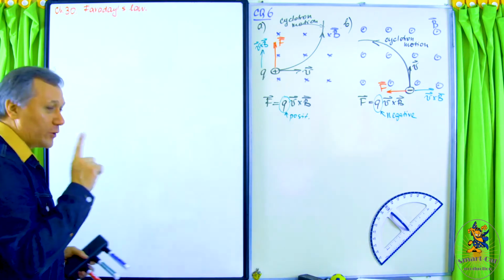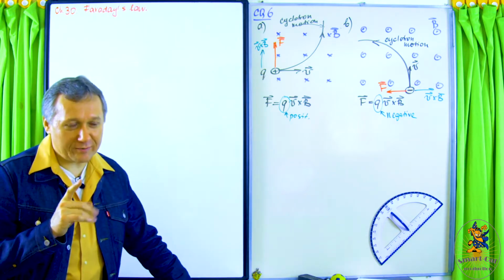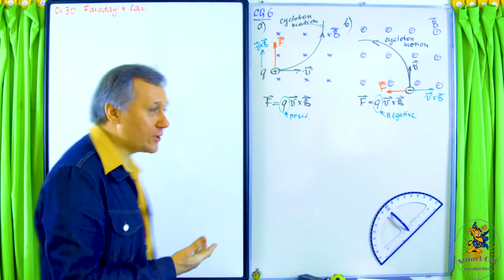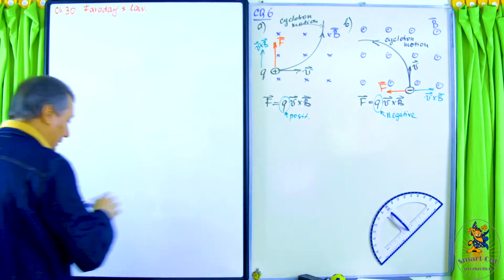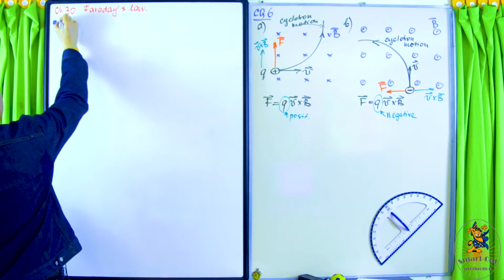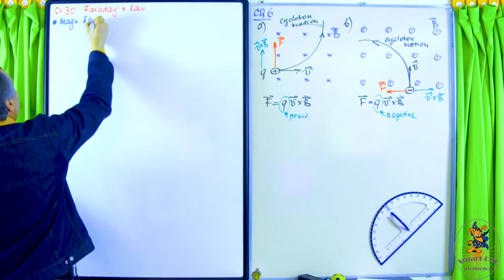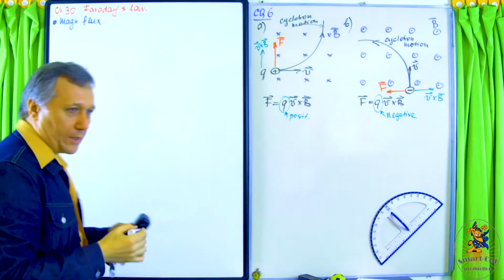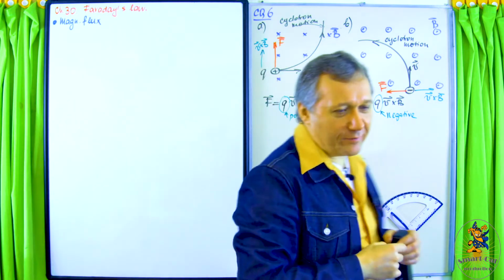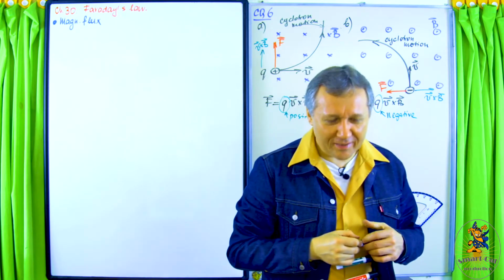Okay, but of course, in order to write down Faraday's law, we need to introduce magnetic flux. We introduced that in the lecture. Now we just need to review that. Okay, let me put a new bullet: magnetic flux. The idea behind the magnetic flux is exactly the same as the idea behind electric flux.